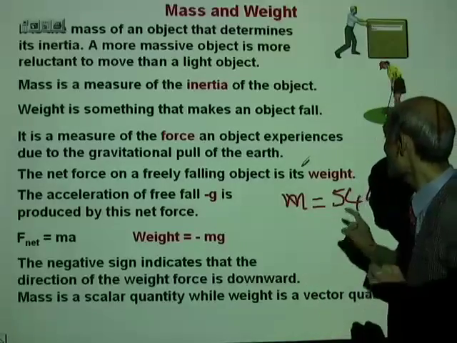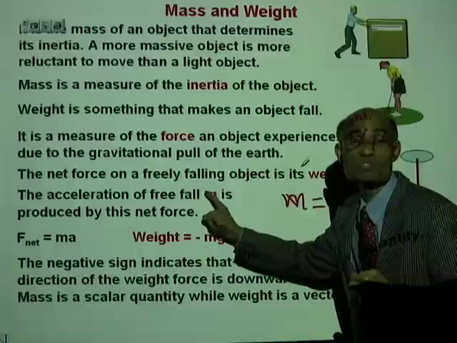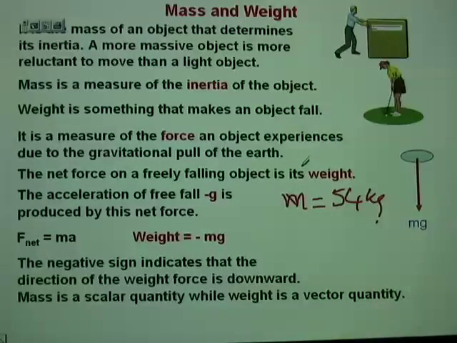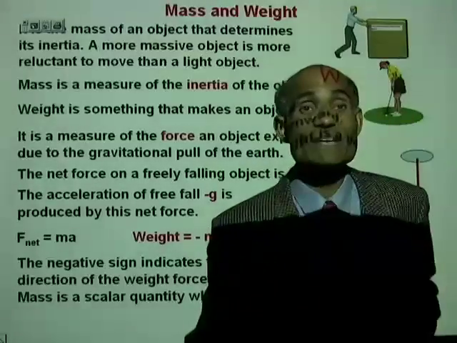My weight will be 54 kilogram times negative g. That will be negative 54 g. My weight W will be negative 54 g. If I can measure this g, then I know what my weight is.